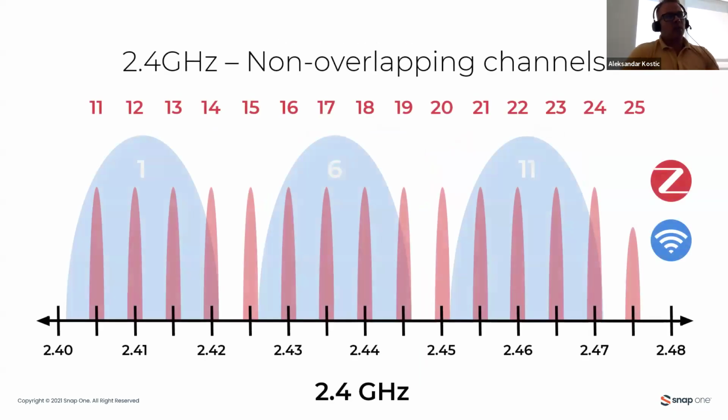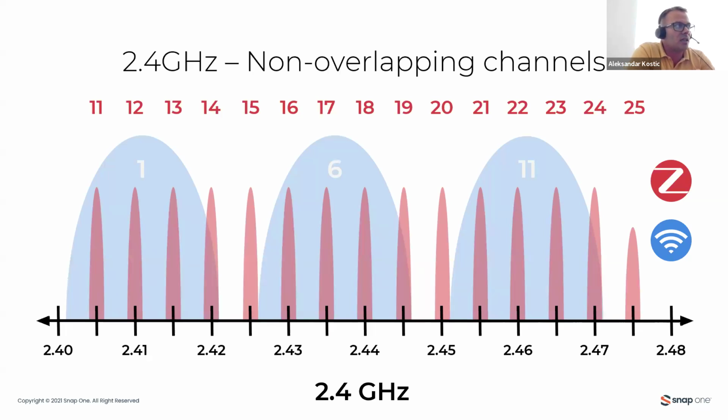So Wi-Fi is not the only protocol which operates on 2.4 gigahertz. We also have on our Control4 controllers an additional wireless protocol called Zigbee, which also operates on 2.4 gigahertz. The channels as they are marked on Zigbee and on Wi-Fi are not the same channels, just to remember that.